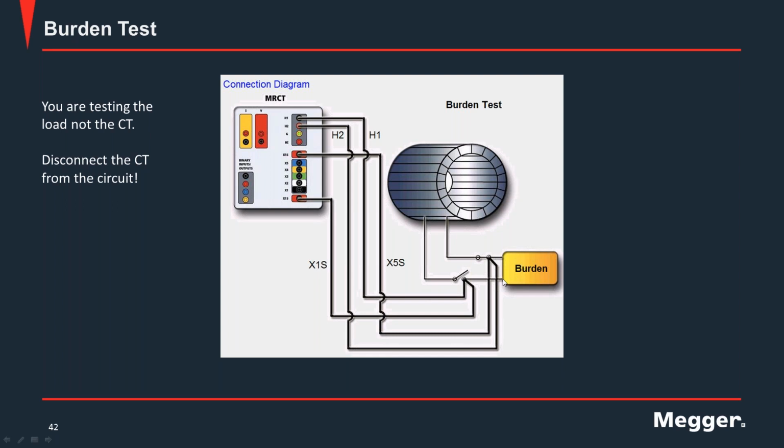What we do is compare the burden that we got with the nameplate of the CT. If the burden that we got is more than the nameplate of the CT, then our CT can no longer be accurate because we have a high burden or high load.